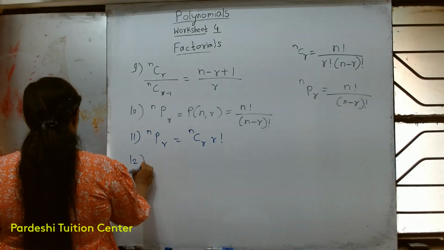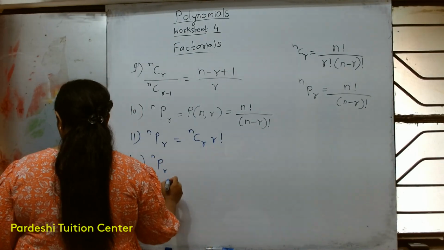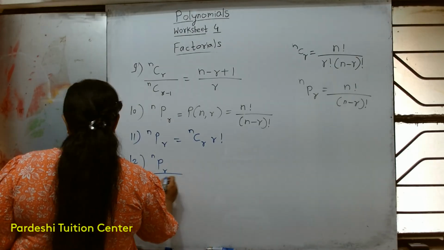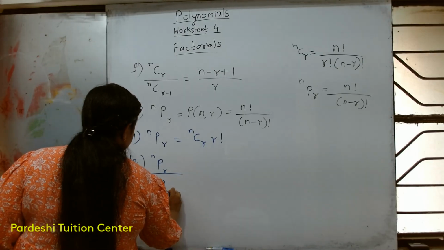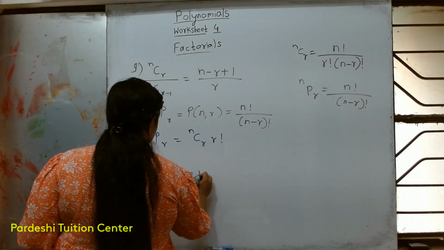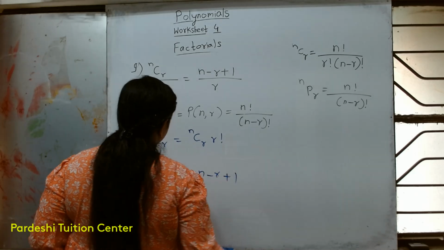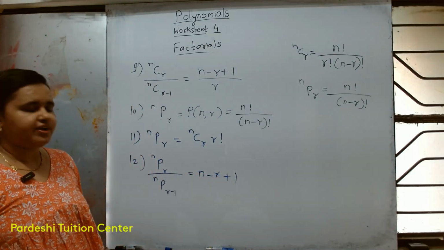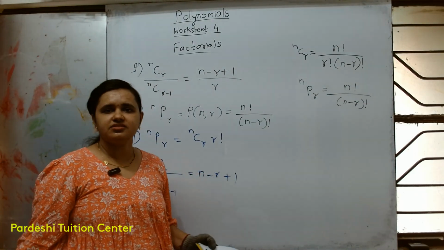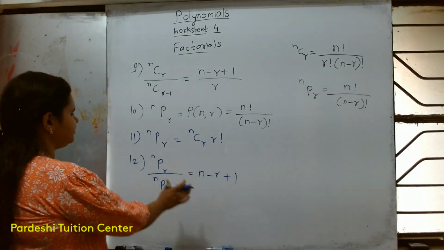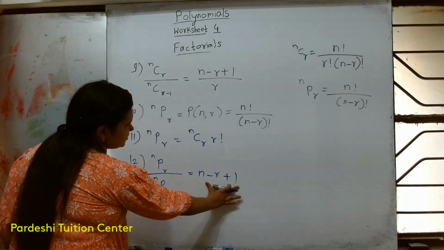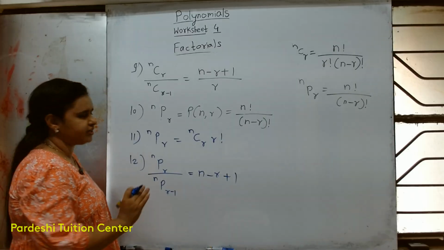Again, the 12th one is nPr upon nP(r minus 1) equals n minus r plus 1. You can check it by putting the values of n and r, you can take any values. The answer will always be equal, this will always equal this one.